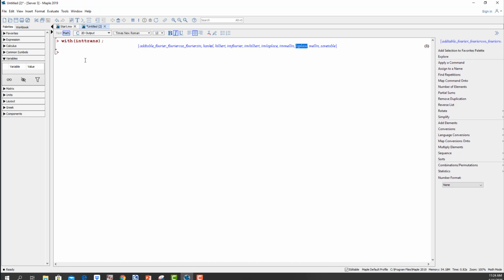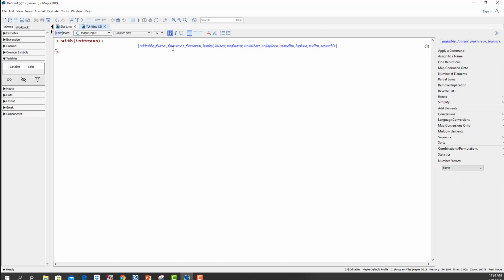So Laplace, that function takes in 3 arguments, and it sort of makes sense. The first argument is the function you want to do the Laplace transform operation on. And then the second 2 are, what domain do you want to map from and what domain do you want to map to.